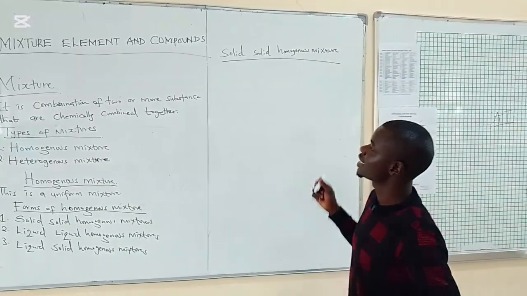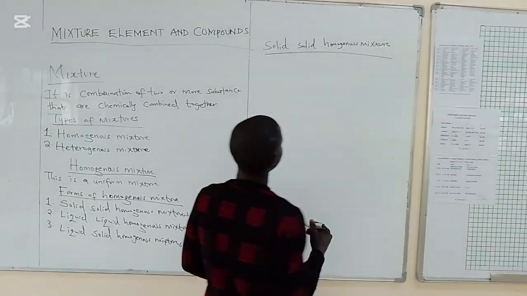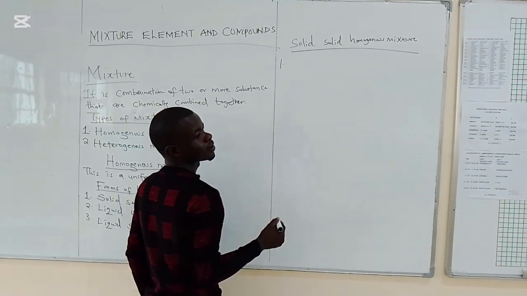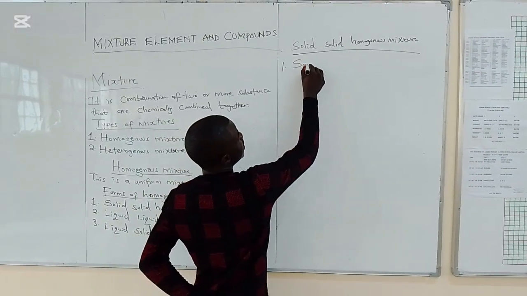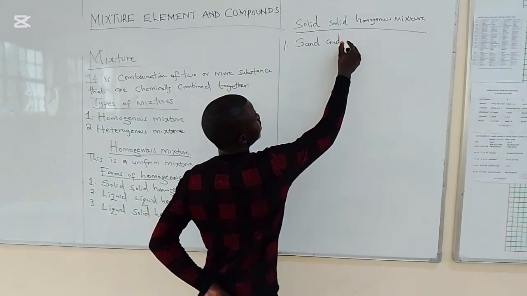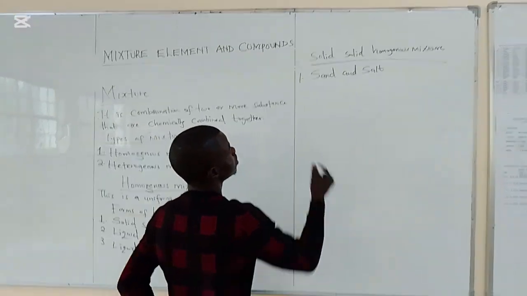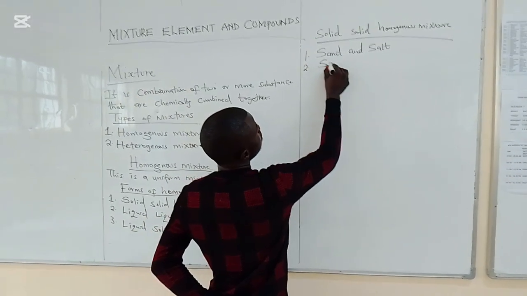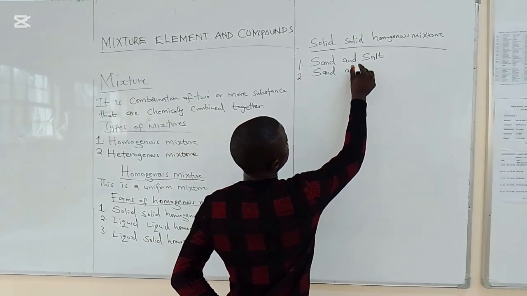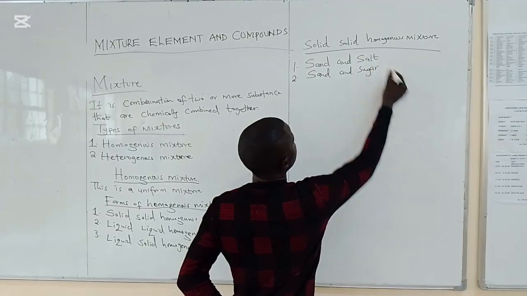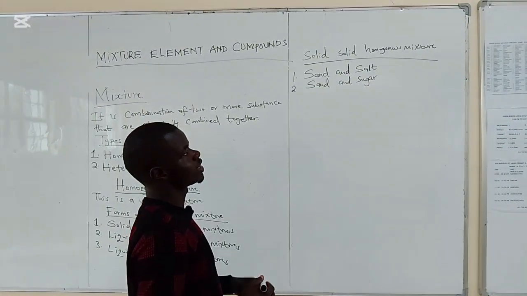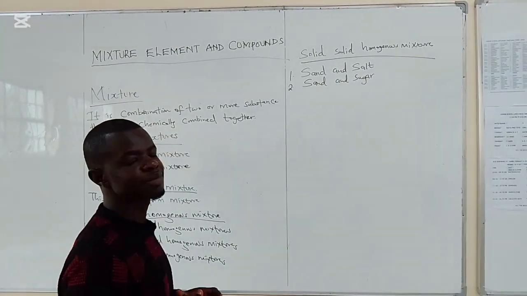For instance, you can say one, sand and salt. Number two, sand and sugar. So you can just use those two examples as a solid homogeneous mixture.